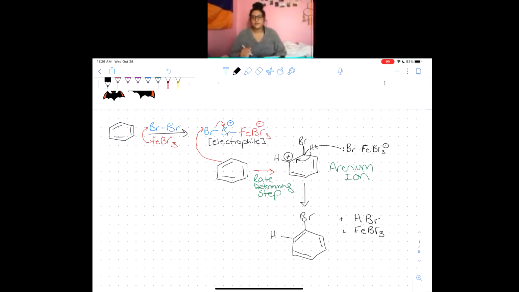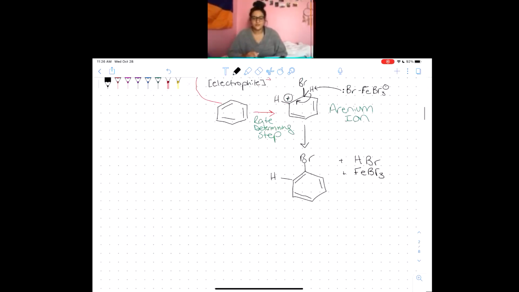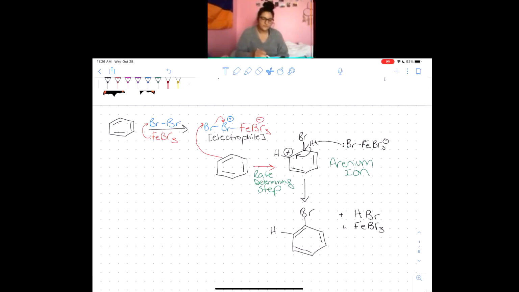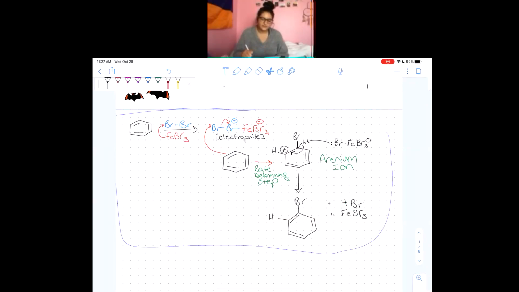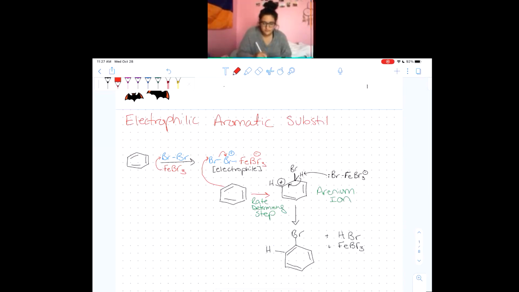Okay, so we went over the mechanism once. Now we are going to go to this table, and I'm essentially going to give you guys the painless version of this. Oh, actually, before I do that, someone made a very good point. So I didn't name this reaction. This is an electrophilic aromatic substitution, aka an EAS reaction.